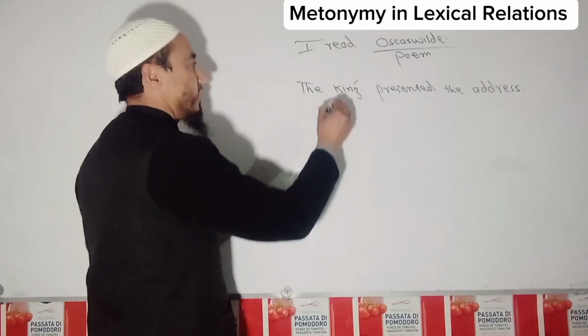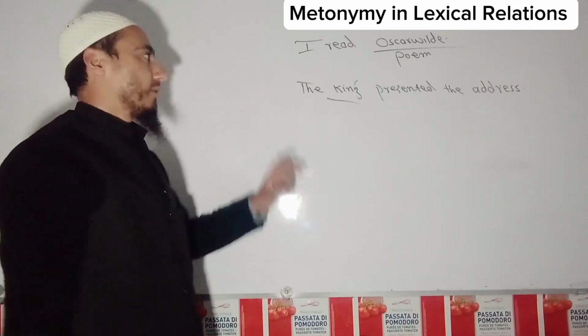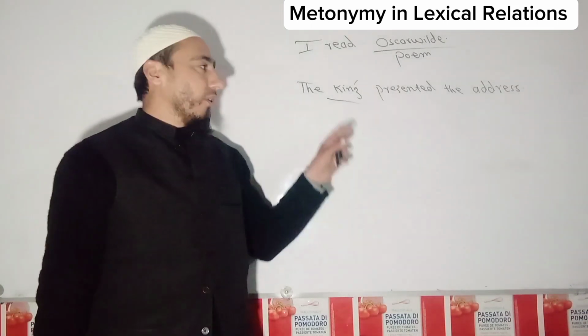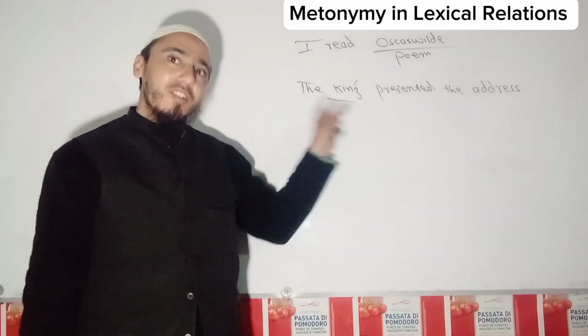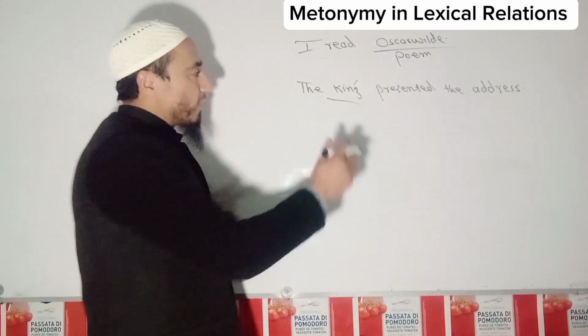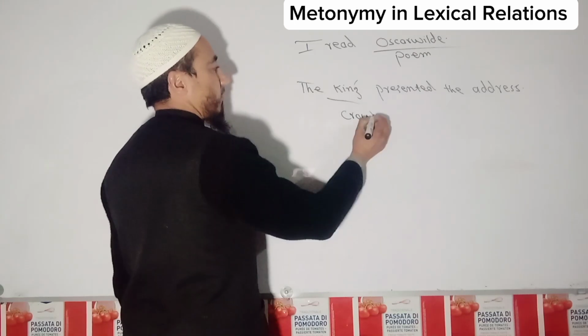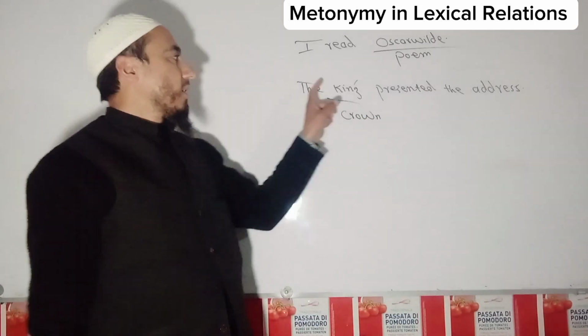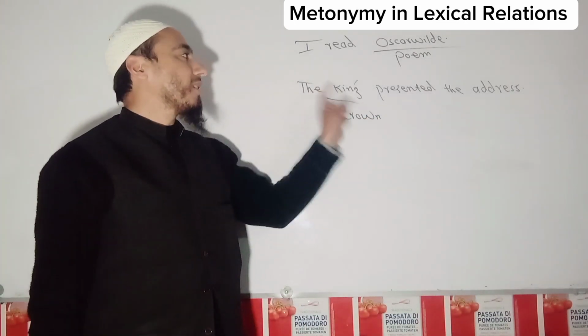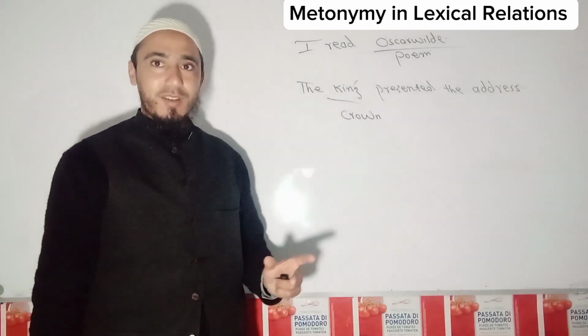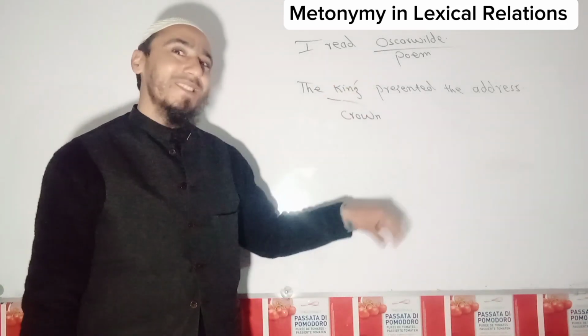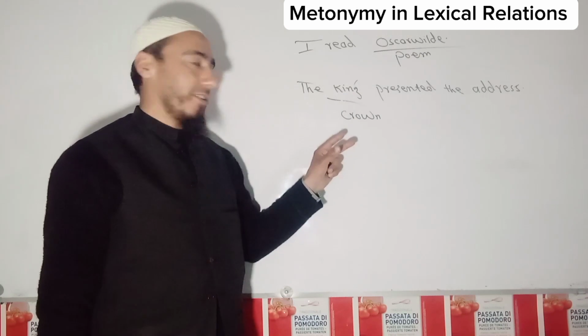Now listeners and audience, if I use a word which is the metonymy of this word, so definitely the word will be the crown. So the metonymy of the word king is crown. So this word is substituted by another word.